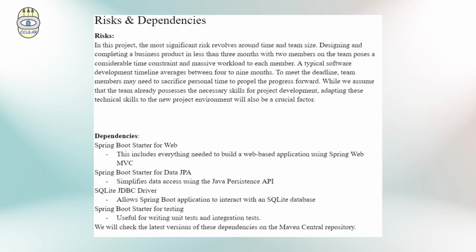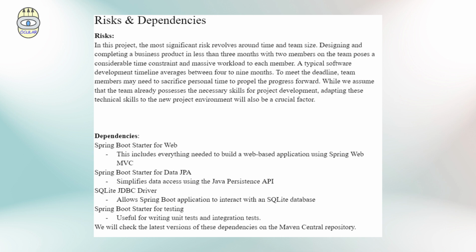In this project, the most significant risk revolves around time and team size. Designing and completing a business product in less than 3 months with 2 members on the team poses a considerable time constraint and massive workload to each member. A typical software development timeline averages between 4 to 9 months.